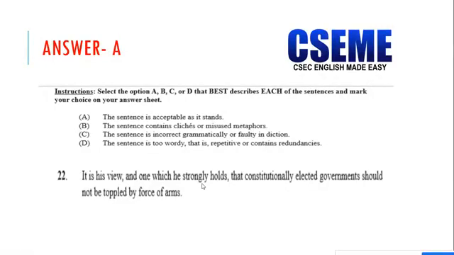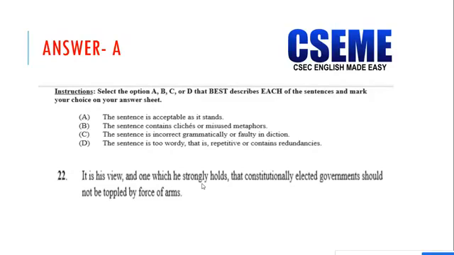Looking at the sentence with the intervening phrase, and one which he holds strongly, that phrase is just saying that this is what he thinks, and he feels very strongly about what he thinks. And it goes on.